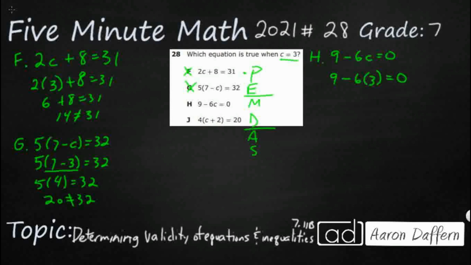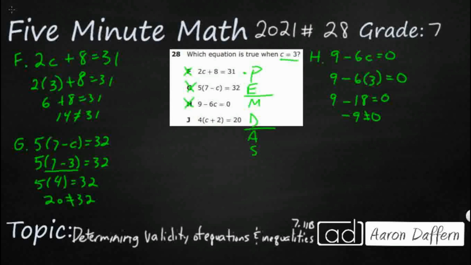But we know that when you have a number next to a letter, it is multiplication, right? So it's 9 minus, and this is not 6 plus 3, 6 times 3, that's 18, equals 0, so that's actually negative 9. We'll actually get into the negatives. And that does not equal 0, so it is not H.